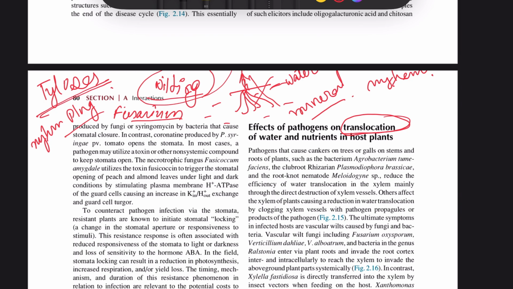Now, pathogens also interfere with the phloem. Two vascular bundles are there. One is xylem, another is phloem. So they also interfere with the phloem, which carries sugars, food, right? Some pathogens turn leaves into sink tissues, means they convert the source tissues, the food preparing tissues, to sink tissues, the tissues which are responsible for storing the food.